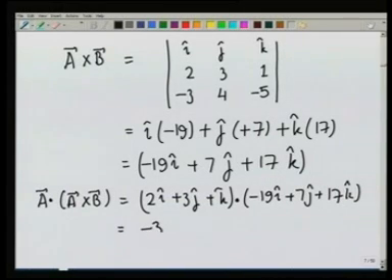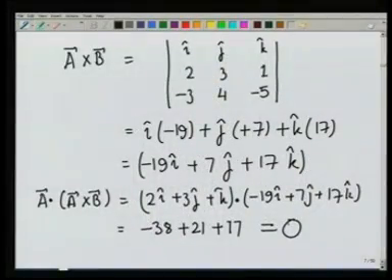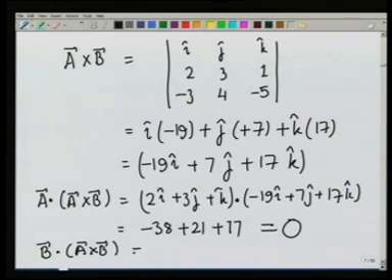So, this is going to be minus 38, i dot j is 0, i dot k is 0, so no contribution from here, plus 3 would multiply only the j component, plus 21, and k would be plus 17, which is equal to 0. Since A and A cross B both have non-zero magnitudes, this can only happen if the angle between A and A cross B is 90 degrees. I leave it for you to show that B dot A cross B is also 0. Thus, we see that A cross B is perpendicular to vectors A and B both.